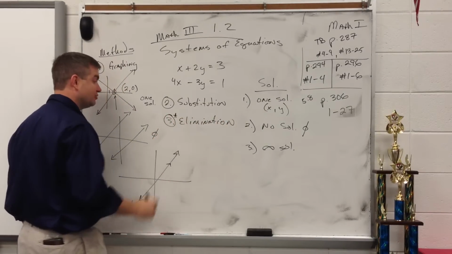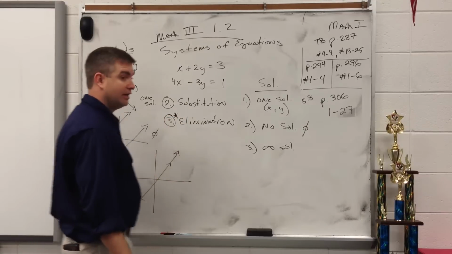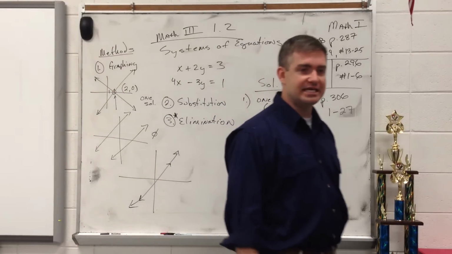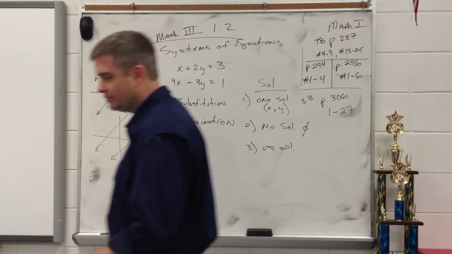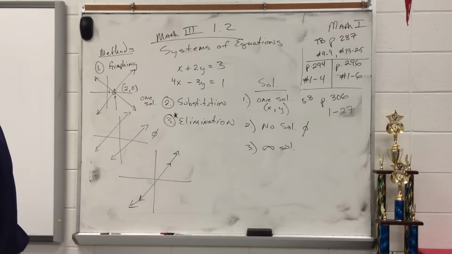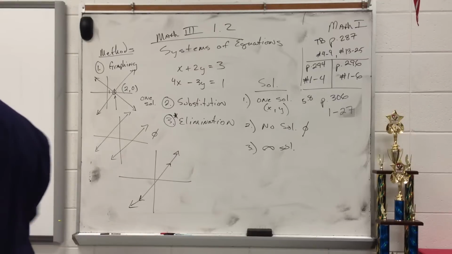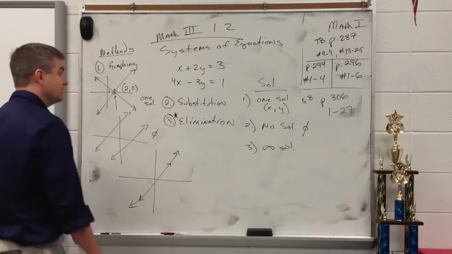Elimination, I'll put a little asterisk right here on elimination. Elimination is the easiest method. Sometimes they call it linear combinations. In your book, I don't know what they're going to call it here. Let's see. Algebraically. They may not use the exact same terminology as I do, but you get the gist.